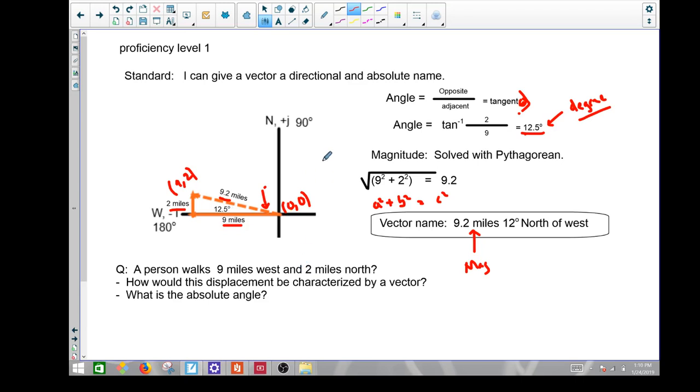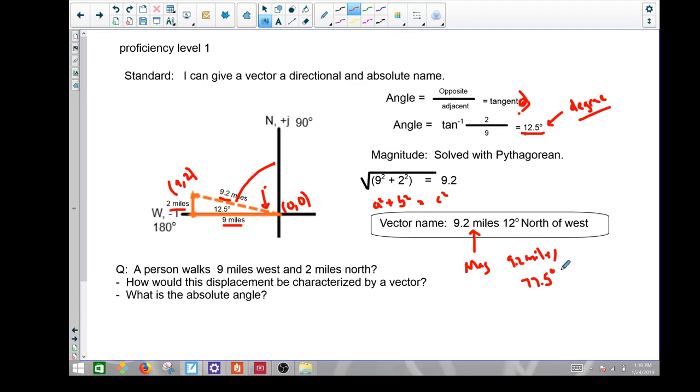Now, again, you can describe this vector relative to the north line. All right, so to get that, you would just take the 12.5 degrees. I don't know why I don't have 12.5 here, but I'm going to take the 90 minus the 12.5, and I get 9.2 miles, and it's going to be 77.5 degrees.